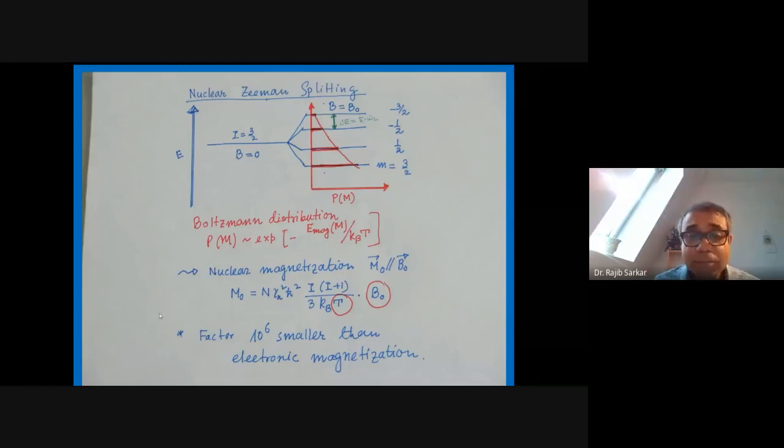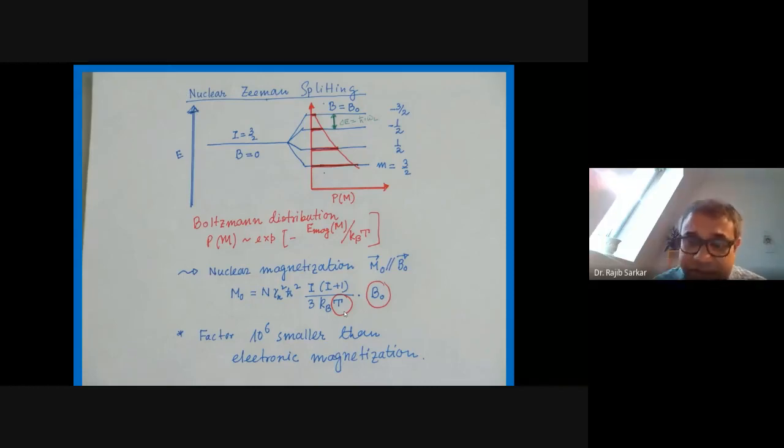Now you know the Boltzmann distribution function is P_m proportional to the exponential of e to the power energy over k_B T. When you make a simple calculation, you end up with a nuclear magnetization which is proportional to your spin and magnetic field, and inversely proportional to your temperature.